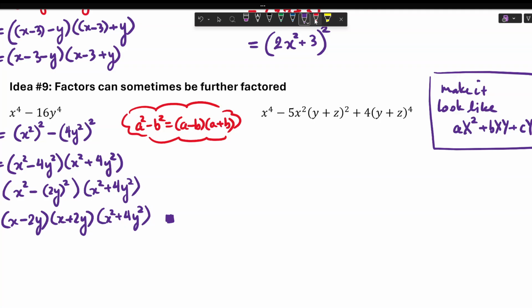So let's say, first let's make it more obvious that this is something squared. So the first term is x squared squared. The middle term is just what it is. And then the last term is like 4 times y plus z squared squared.